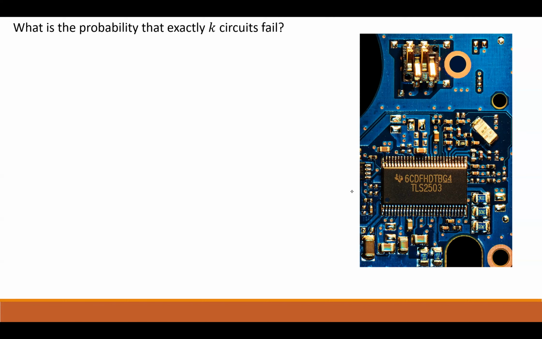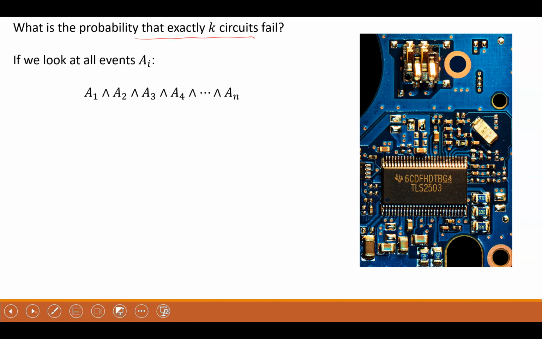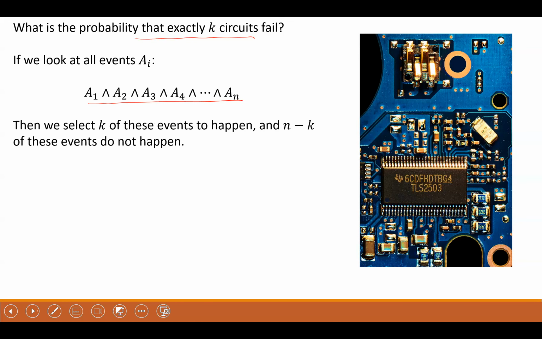But let's think about what is the probability that exactly K circuits fail, right? So we have N circuits and we have K of them failing. So this is my event that all circuits fail, but now I want that some of them fail and some of them don't. So this is going to be that, well, maybe A1 fails, but A2 does not fail.